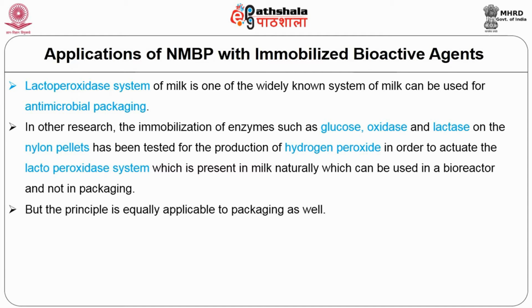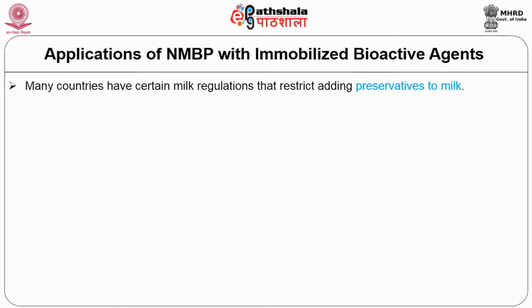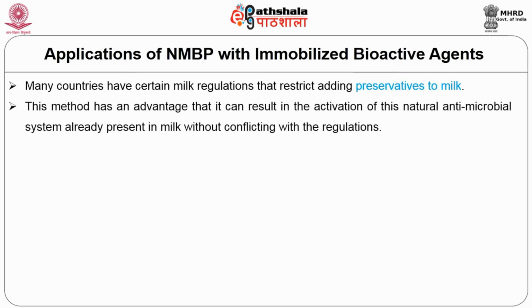But the principle is equally applicable to packaging as well. Many countries have milk regulations that restrict adding preservatives to milk. This method has the advantage that it can result in the activation of this natural antimicrobial system already present in milk without conflicting with the regulations.